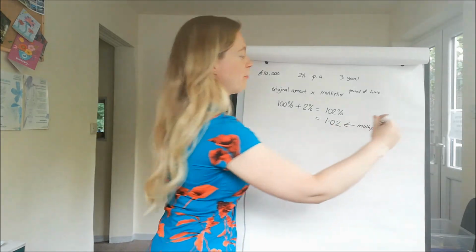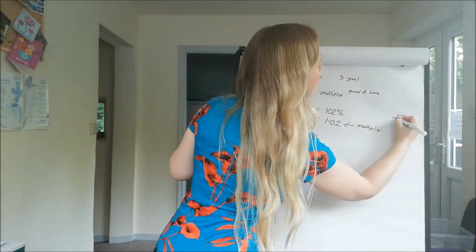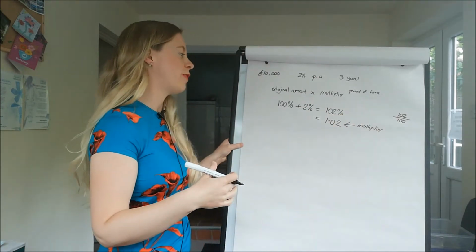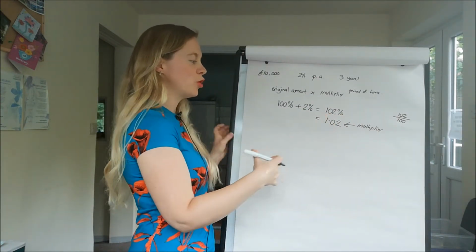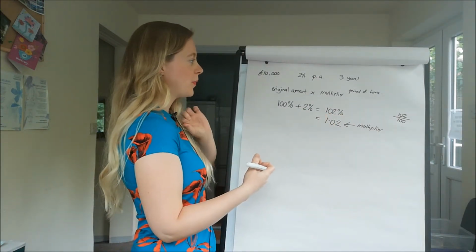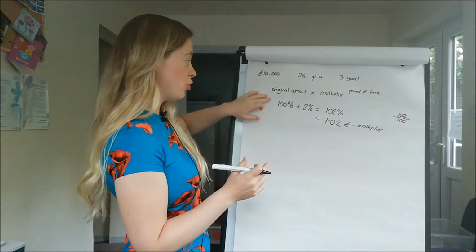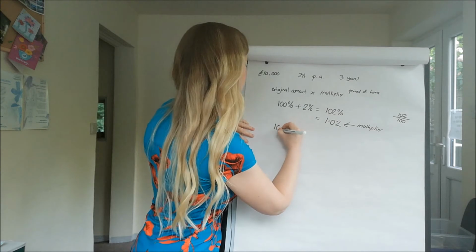Or if you prefer the fractions method, then the multiplier will be 102 over 100 if you want to use a fraction instead. But this is much slicker in the calculator. After you've worked out your multiplier, it is super simple. It's just a case then of using that formula.